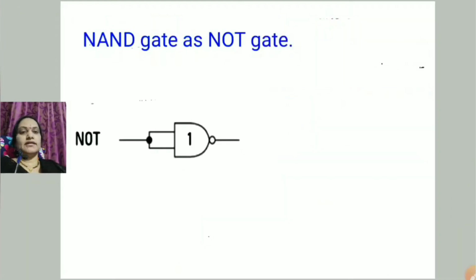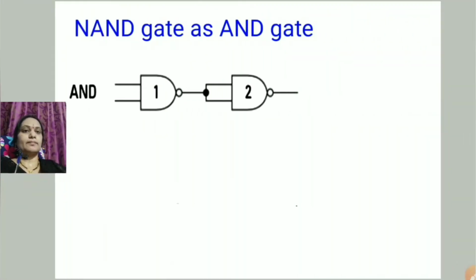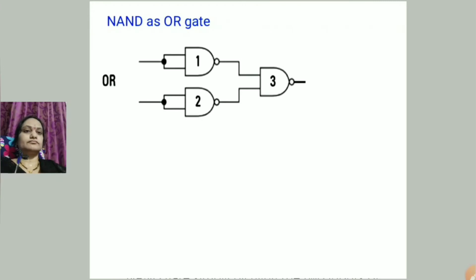Here NAND gate acts as NOT gate. So for NOT operation we require a single NAND gate. Here two NAND gates connected to each other like this serve as AND gate. Here by using 3 NAND gates we can create a circuit for OR gate.